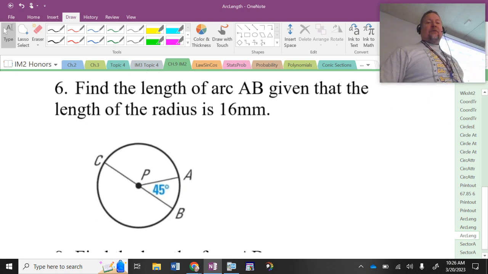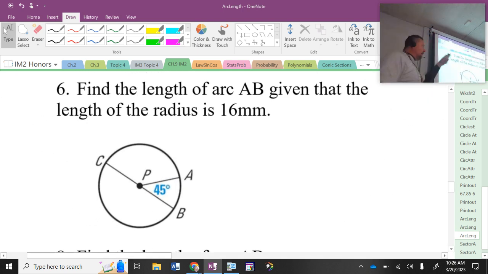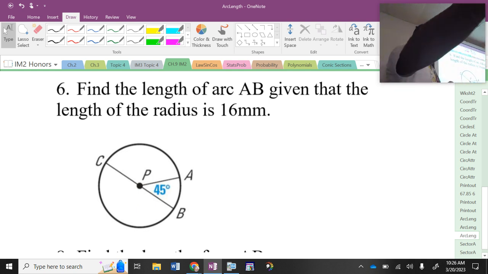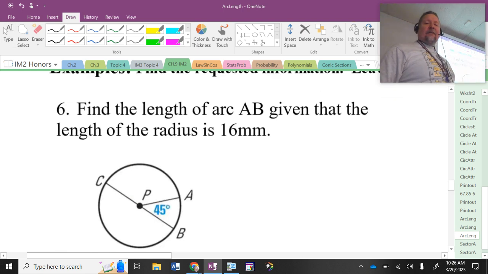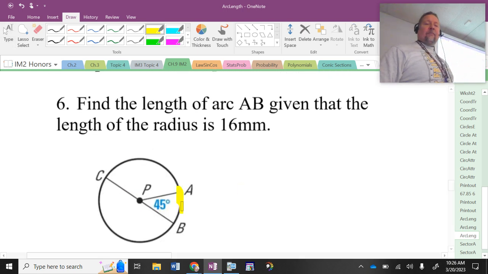Okay, so notice what it says: find the length of the arc. Your test Thursday, or quiz, let's call it, will have questions that say find the measure. Others will say find the length. And you've got to be able to read and discern which one I have to do. Very simple, very basic. If this is 45, then this is 45 for a measure.